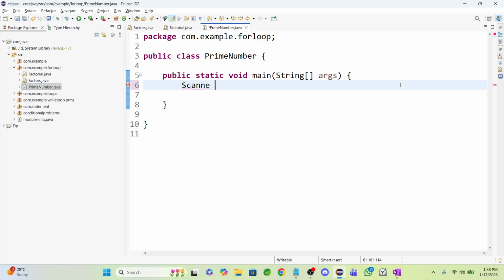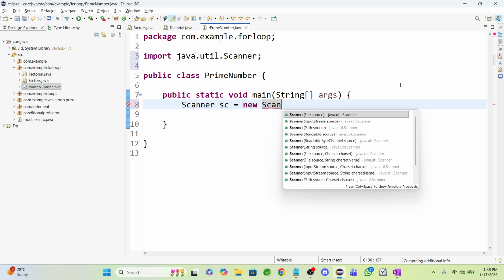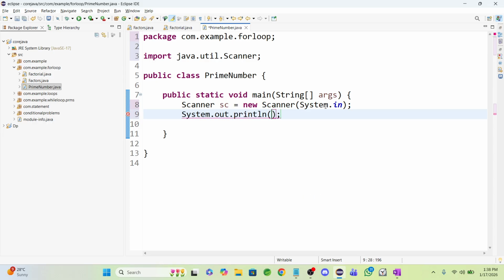We need to take the Scanner class. Scanner sc is equal to new Scanner, System.in. After that, we ask the user to enter the number, and we need to find whether the given number is prime or not.